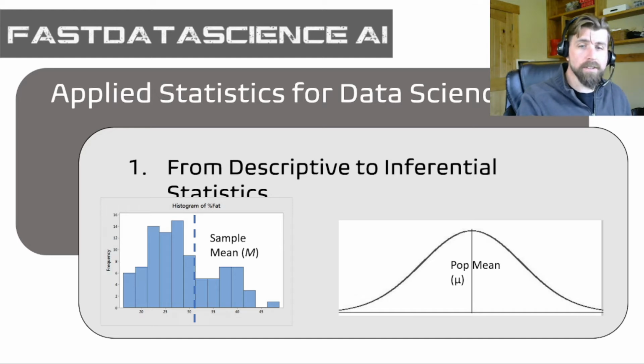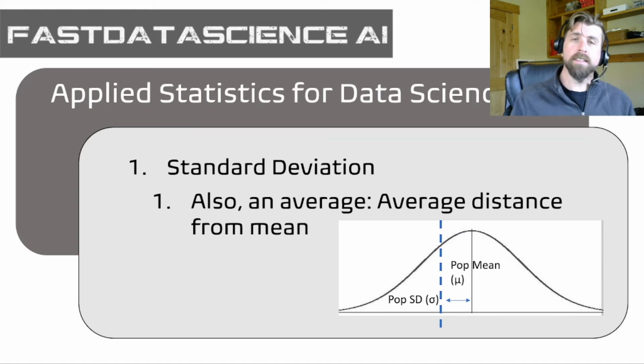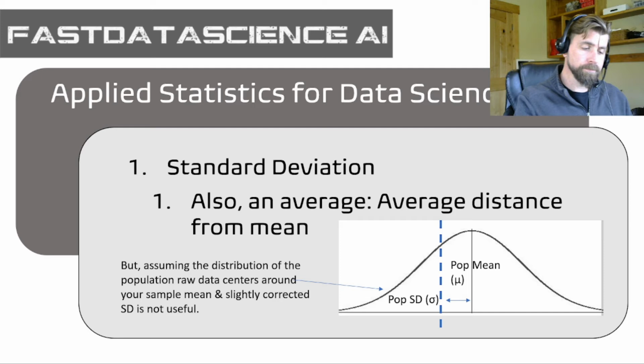We'll come back to that in just a second, but another really popular and valuable statistic is also the standard deviation. So we can also use the sample standard deviation to say something about the standard deviation we may see in the population. Now, unlike the mean, the sample standard deviation is a little bit biased in its estimate of the population standard deviation. So we do make a small correction.